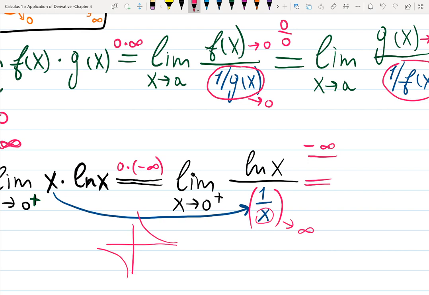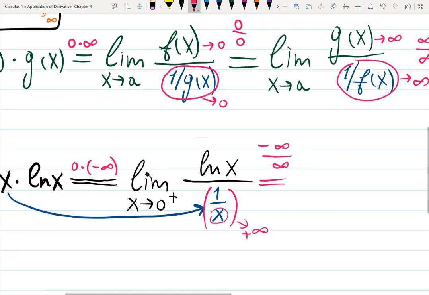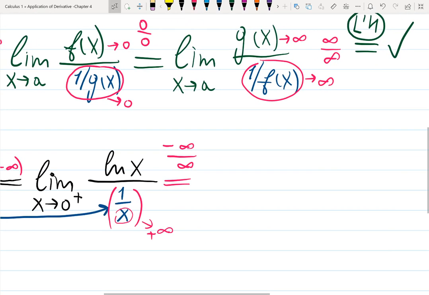When x approaches 0 from the right, it's actually plus infinity. I would say it doesn't really change the answer at this moment, but at the end it might be important. But in order to use L'Hopital's rule, we don't really care about the sign. Let's keep it though. So it's a minus infinity over infinity case, and I'll put a notation that I'm using L'Hopital's rule here.